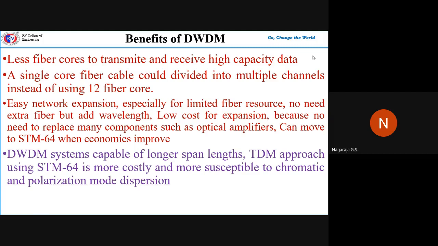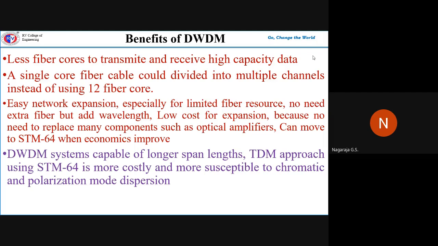A single core fiber cable can be divided into multiple channels instead of using 12 fiber cores. That's what I mentioned earlier also. Easy network expansion, especially for limited fiber resources: no need for extra fiber, you just add wavelengths. Low cost for expansion because there's no need to replace many components such as optical amplifiers. You can move to STM64 when the economics improve.